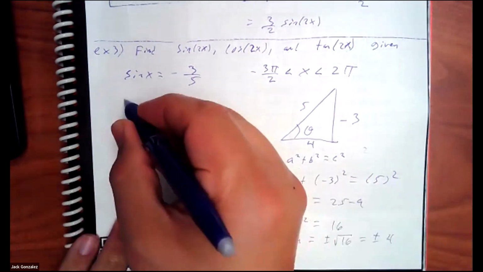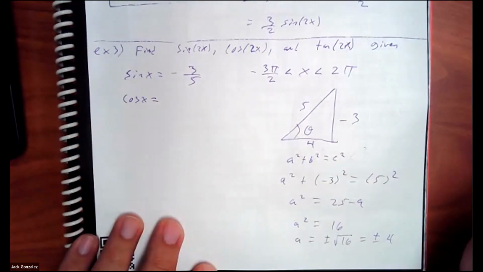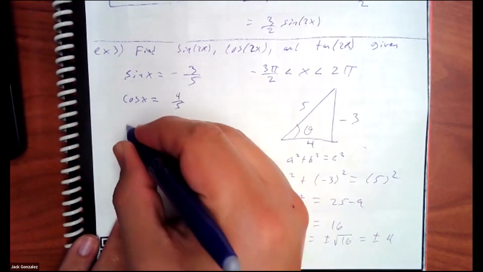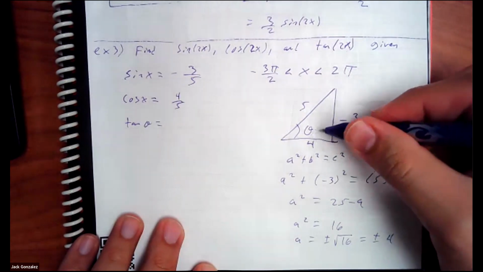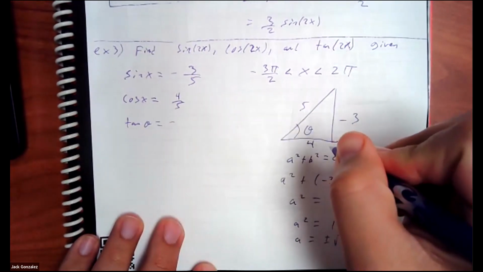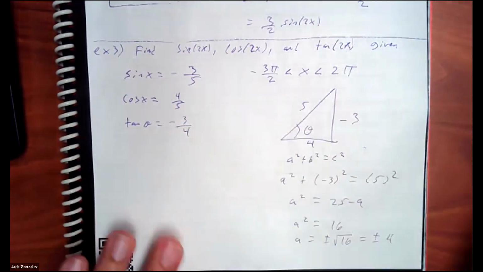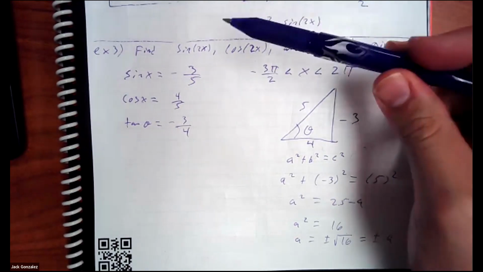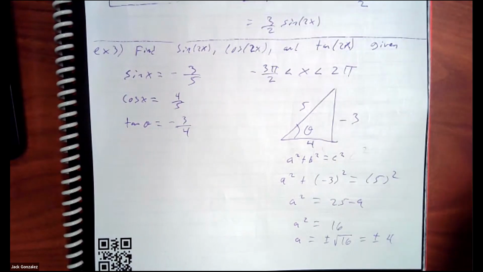Okay, so cosine is equal to 4 over 5. Tangent is equal to opposite over adjacent. I'm sorry. Yeah. So we got sine, cosine, tangent. Now we can answer the question, what is sine 2x, cosine 2x, etc.